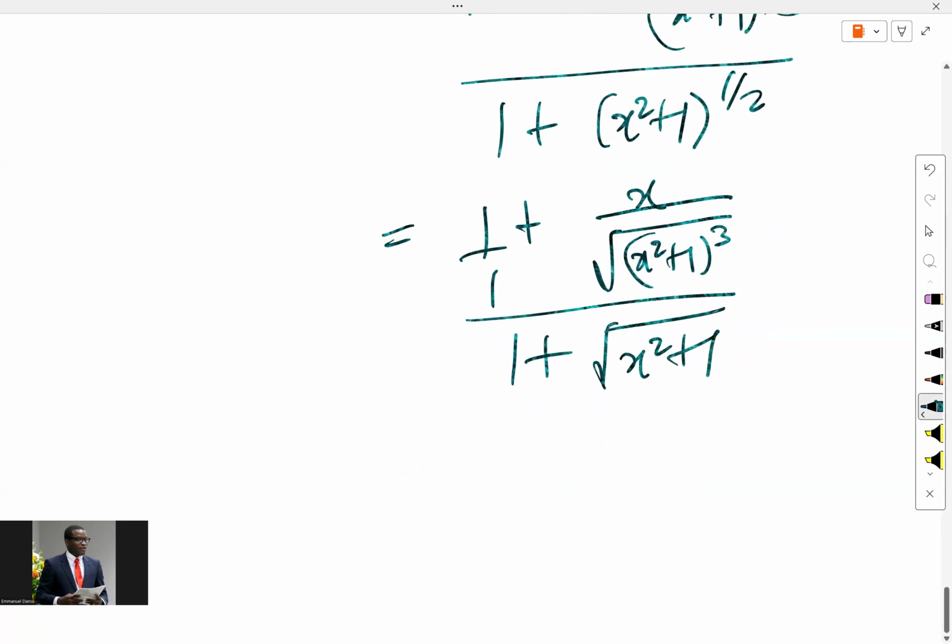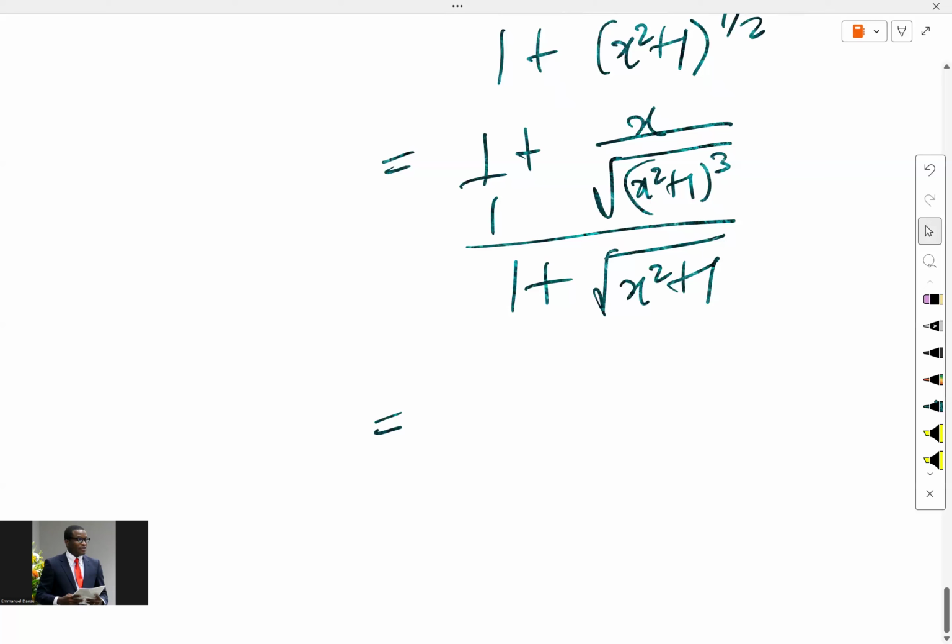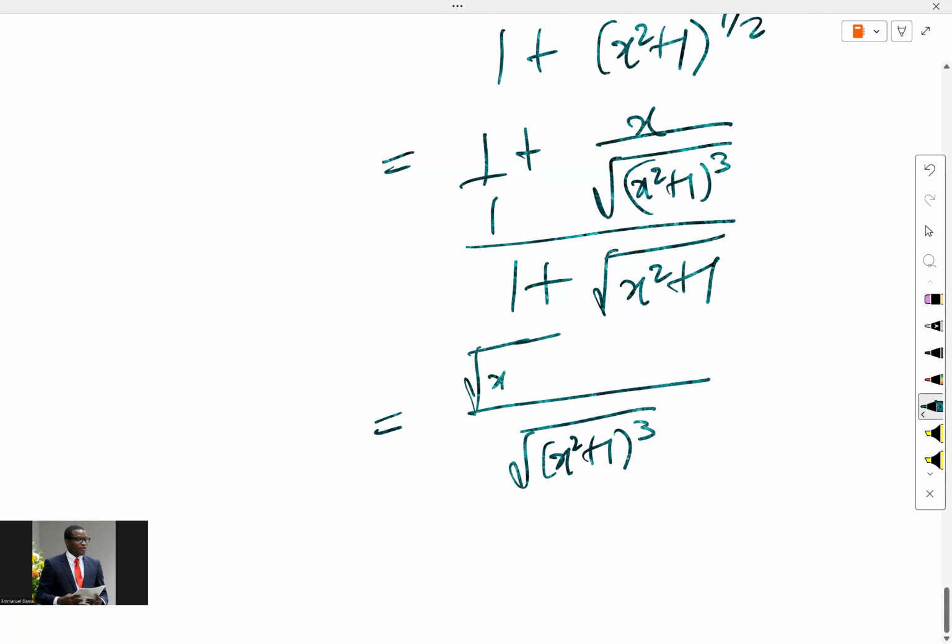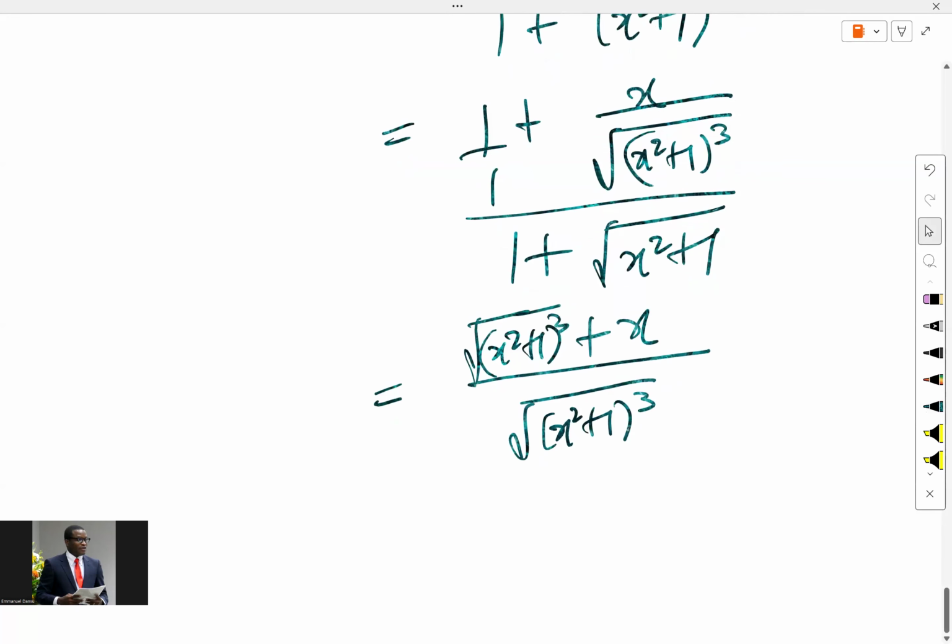So, of course, we can take the LCM of the top. So we have the LCM to be square root of x squared plus 1 cubed, and 1 goes here. So we have square root of x squared plus 1 cubed plus x, as this cancels this. Then all of that divided by what we had before.